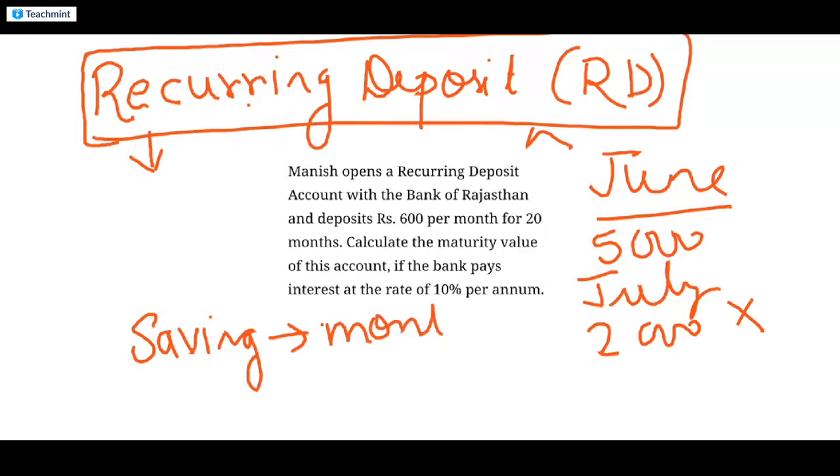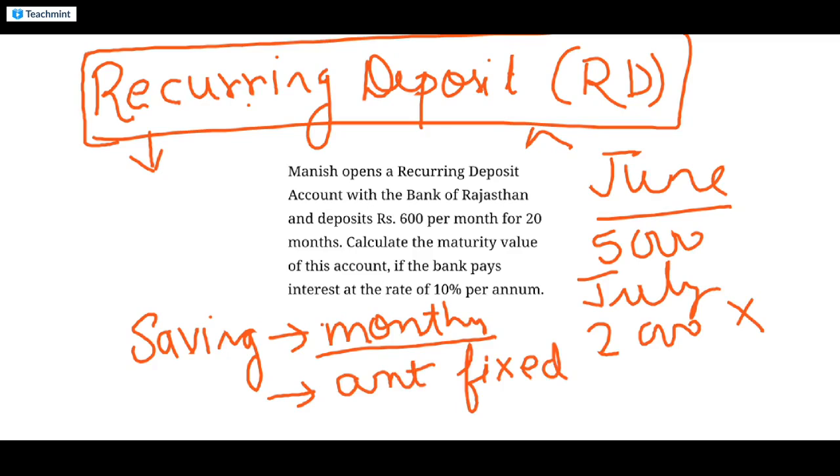Every month when the cycle occurs, you're supposed to pay the money, and that amount you will be putting into the RD has to be a fixed amount. So it is a monthly cycled interest that you're going to get.